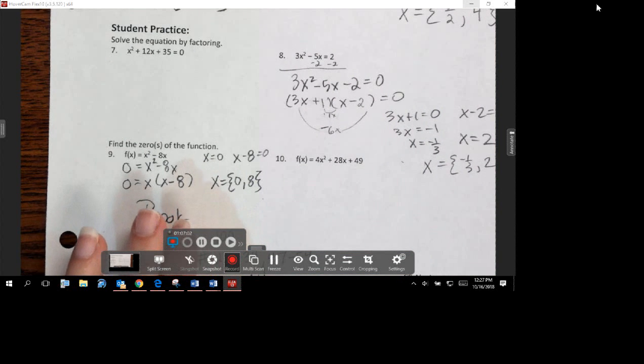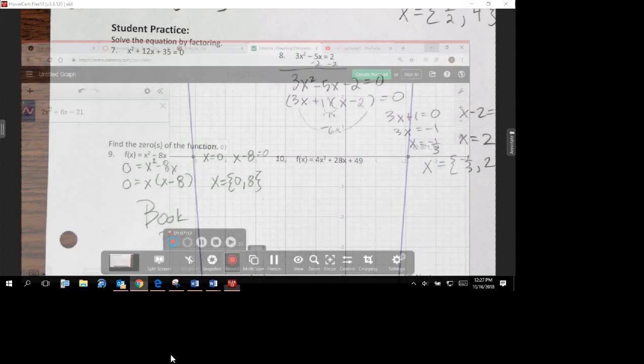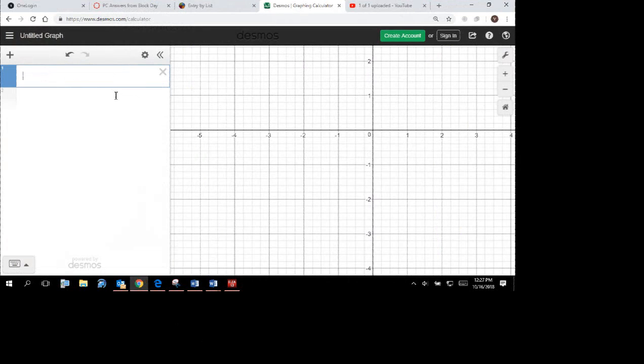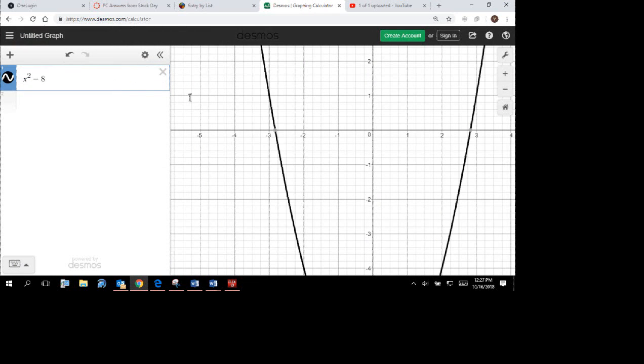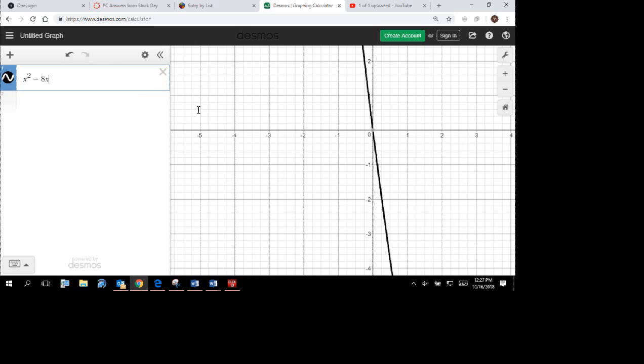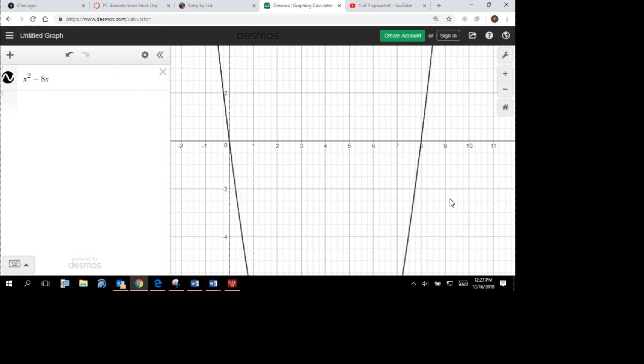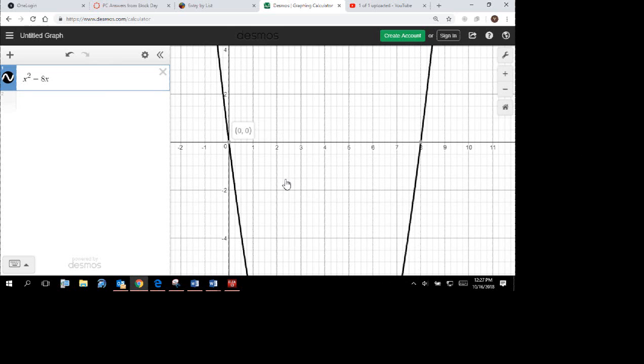Is there a place that you could go to check these answers? Yes. If you have not used Desmos, D-E-S-M-O-S, we need to get on there and use it real soon. If I type in that equation, x squared minus 8x, here's one x-intercept at 0, 0, and the other x-intercept at 8, 0.